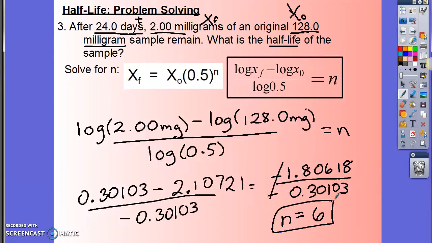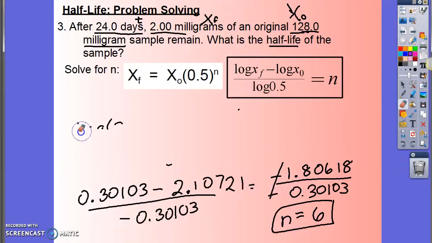Now I haven't answered my question yet because I've figured out the number of half-lives, but the question is asking us how much time is a half-life. So I'm going to erase some of this stuff up here. The equation that we need to figure out how much time is in a half-life using our number of half-lives is that n equals little t over big T, just like we said before.